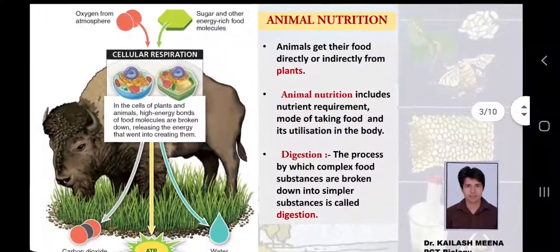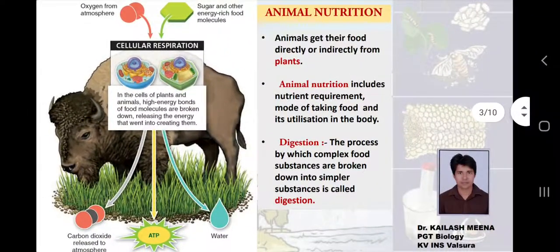Let's have a look at this picture. This picture summarizes the essence of nutrition, which we discussed in chapter 1 and which we are going to discuss in this chapter 2. Plants have their nutrition by making their own food, as they are autotrophs, by the process of photosynthesis, and animals are heterotrophs as they are dependent on plants and other animals for their food.